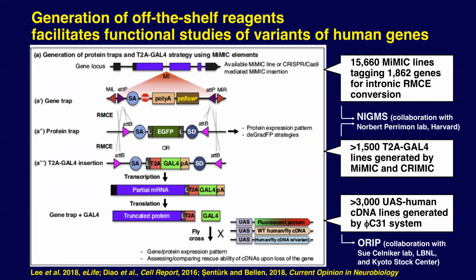So the success of the Model Organism Screening Center with respect to the Drosophila section is very dependent on the fact that we've generated numerous reagents that allow us to do elegant experiments and assess the function of human genes in flies and their variants. And so this all started by creating many 10,000s of MiMIC insertions in the fly genome.